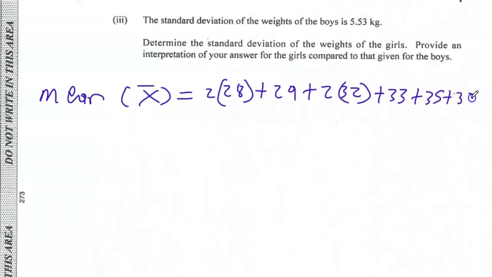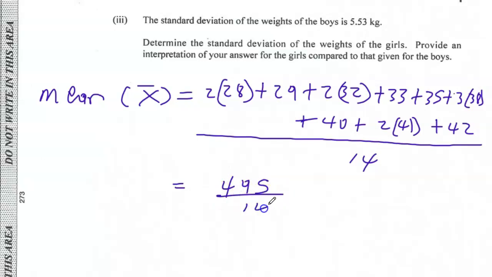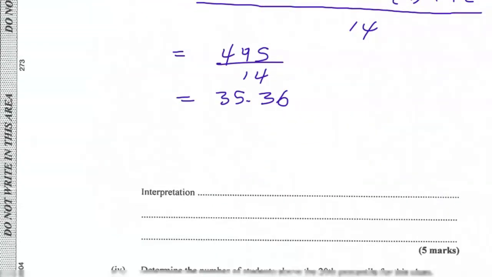So 3 times 38 plus 40 plus 41 was there twice, and we had a 42. All of that divided by the total number of girls, which was 14. So the total was 495 over 14, and that's, to 2 decimal places, 35.36. So now we can calculate standard deviation.